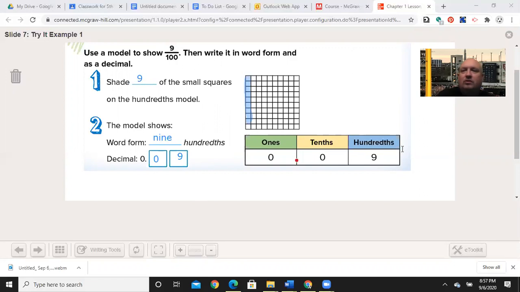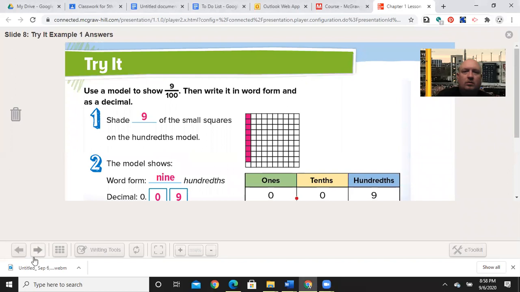With 100, we went 2 spots. If we had 1,000, we'd go 3 spots. So we go into the next column. Again, if you have any questions, please do send a contact message. So we see the answer on the Try It.